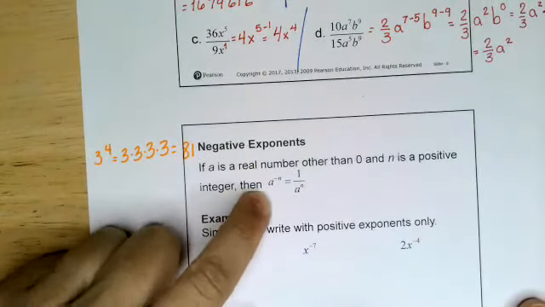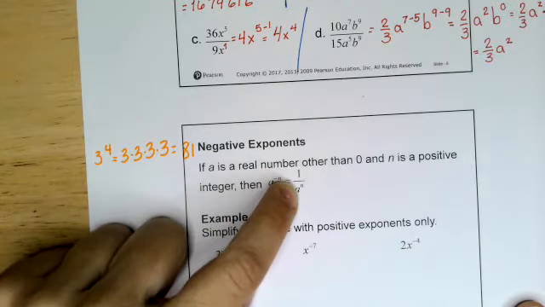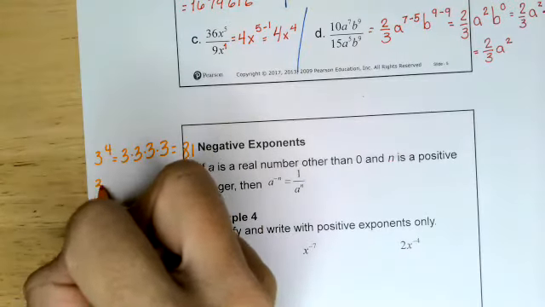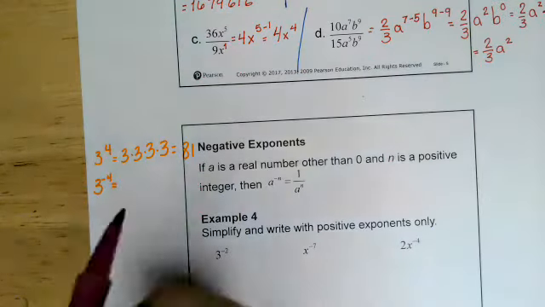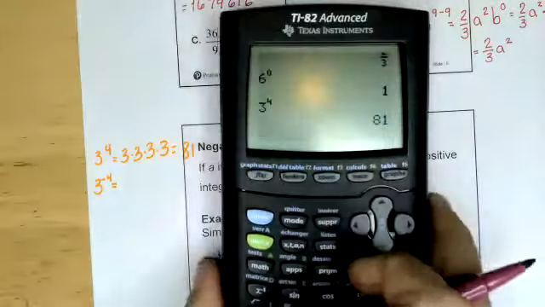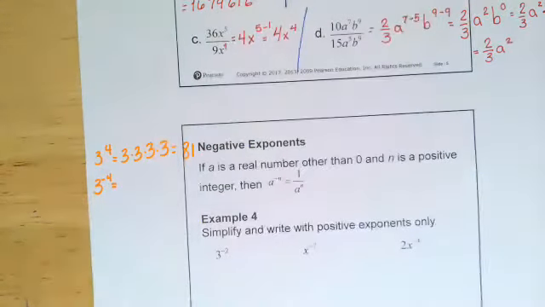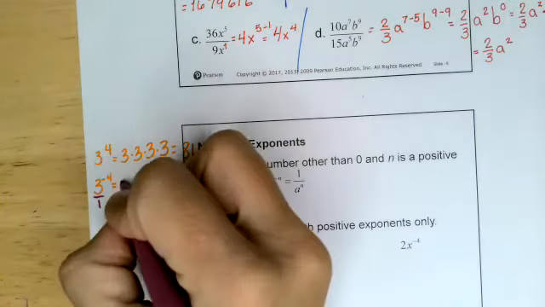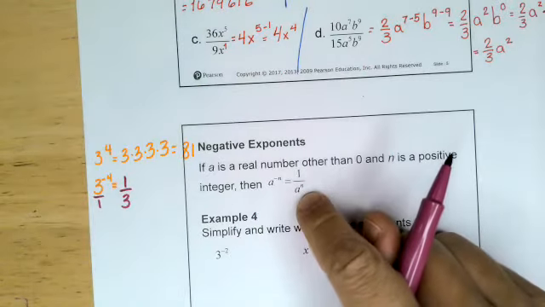So a to the negative n is the same as 1 over a to the positive n. 3 to the fourth becomes 81. 3 to the negative fourth, we're going to reciprocate. Remember, any number you want to turn into a fraction, you just put it over 1. So your reciprocal of 3 over 1 is 1 over 3. And then when you reciprocate, you lose the negative.